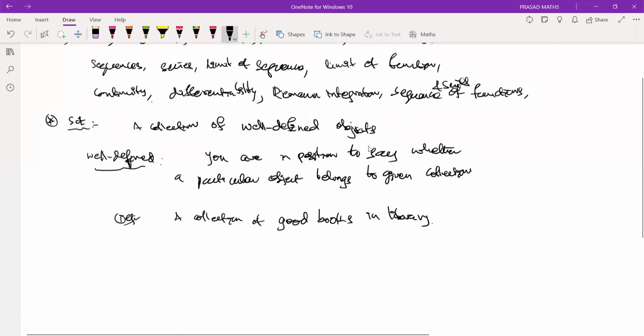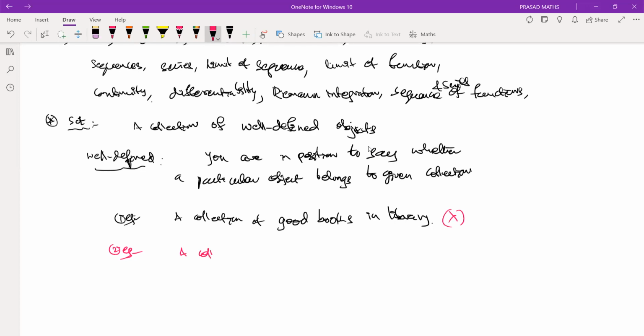According to me, I like real analysis and matrix theory and linear algebra, complex analysis. According to your perception, you like ordinary differential equations, partial differential equations, real analysis. So according to each person, it varies, right? According to my perception, my collection is different. According to your perception, your good books are different. So therefore, this is not a well-defined collection. So it's not a set.